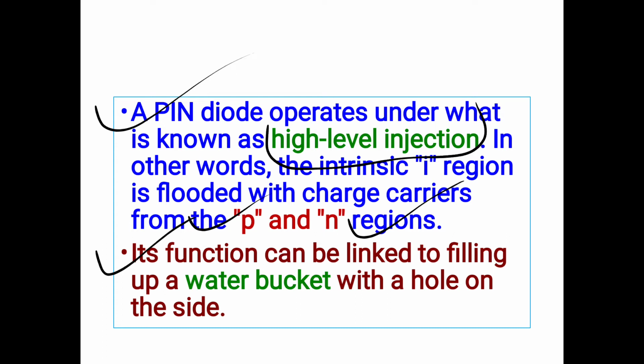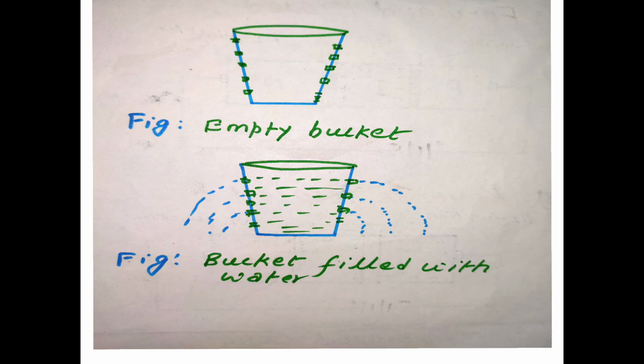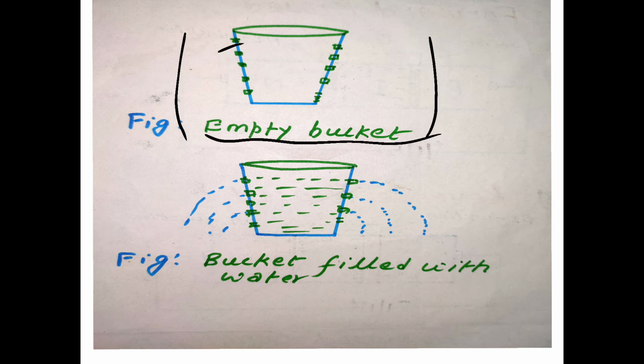The function of the PIN diode under the zero bias condition is analogous to the function of filling an empty bucket. You can see this scenario with the help of the figure. You can read this theory part. Suppose this is our empty bucket with some small holes inside it, and the bucket is empty initially, and now we fill this bucket with water.